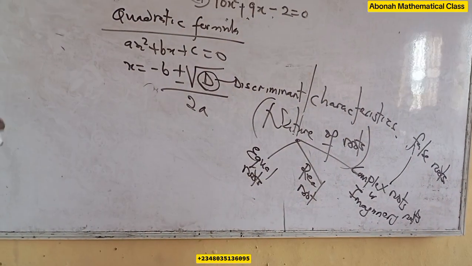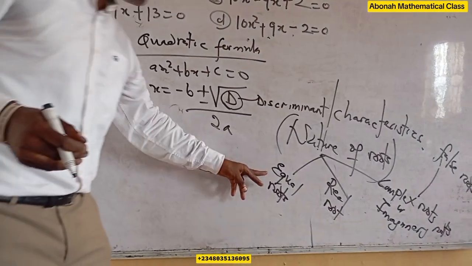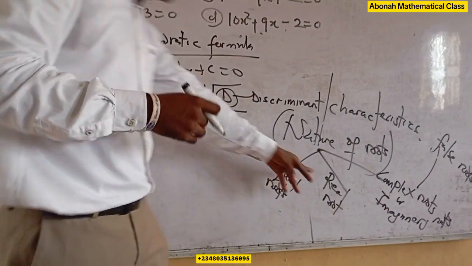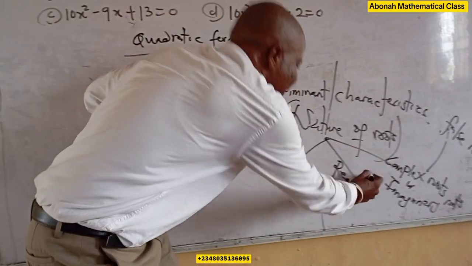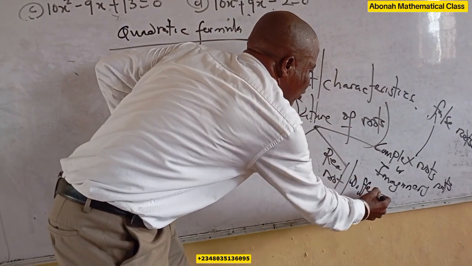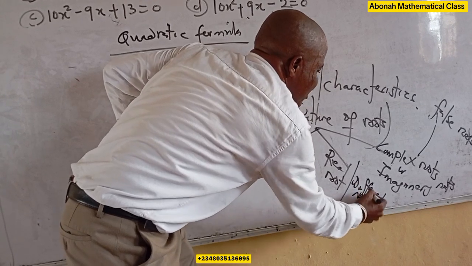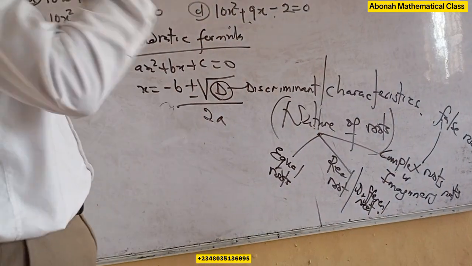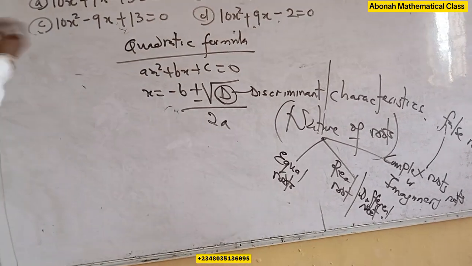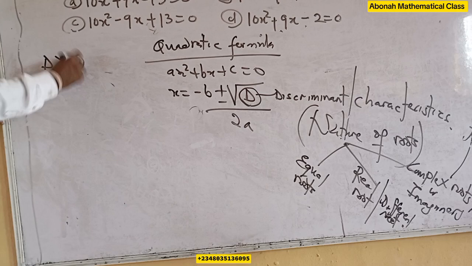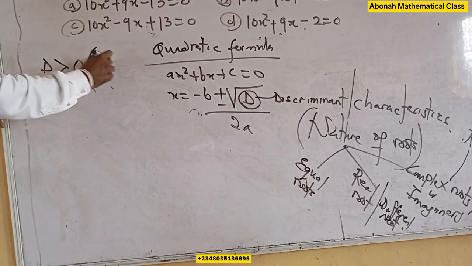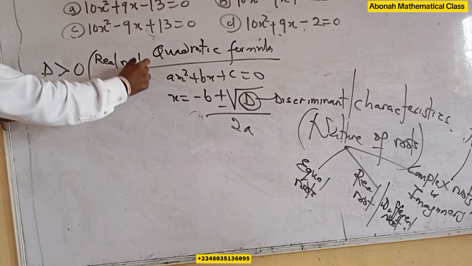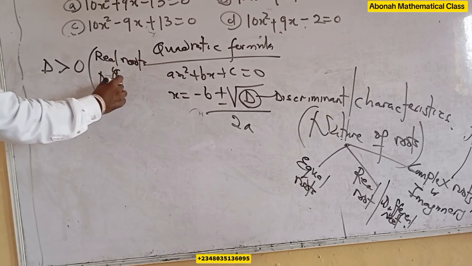How do we know roots are equal roots? How do we know roots are real roots or different roots? Another name for that, you can call it different roots. How will I know a root is complex or imaginary? It is the nature of the D. When D is greater than 0, it is real roots or different roots.